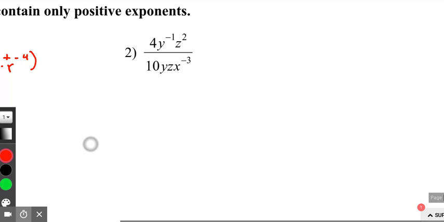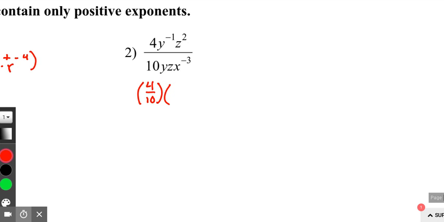The next one we have here is division. Now, with division, we are simplifying fractions and we are subtracting exponents. So let's organize here. In my base numbers, I have 4 over 10.